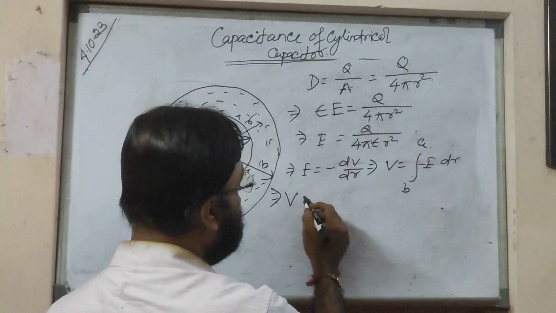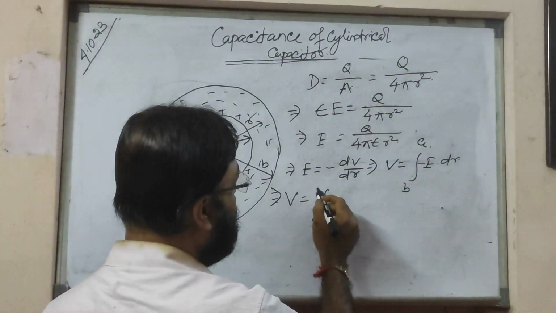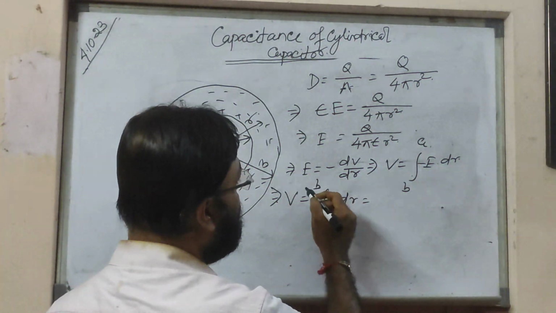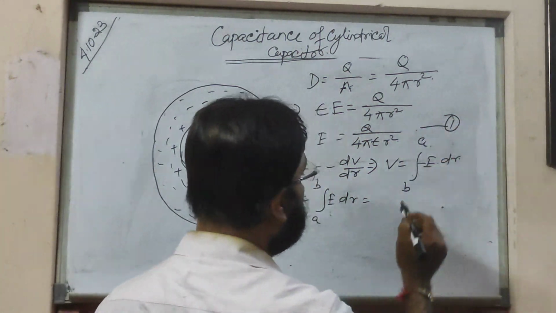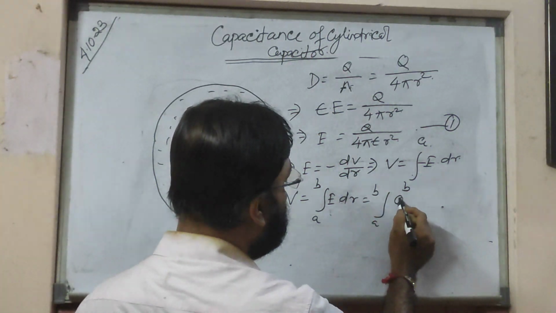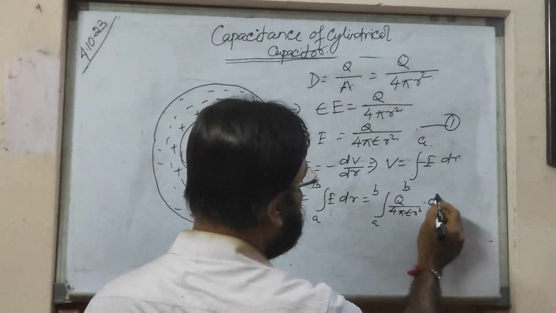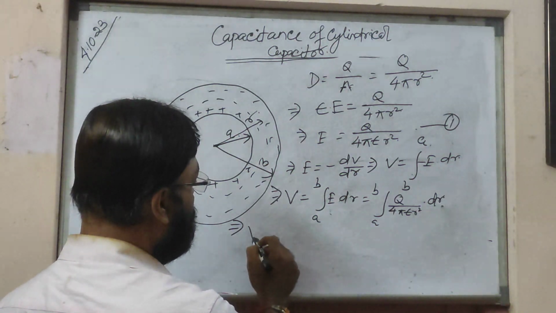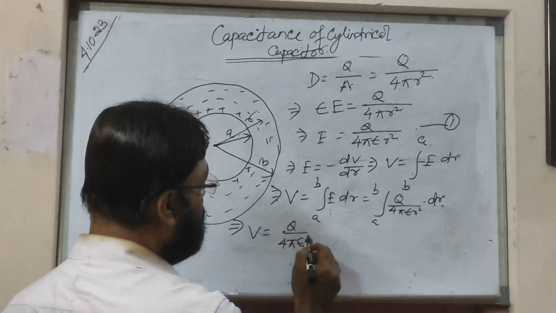Now this will give you V is equal to, now we will change the limit, it will be from A to B, E dr. So E, now put the values of E from this equation. Suppose this one is equation 1. So it will be A to B, Q by 4 pi epsilon r square into dr. Now this will give you V is equal to Q by 4 pi epsilon is constant, that can be taken out.